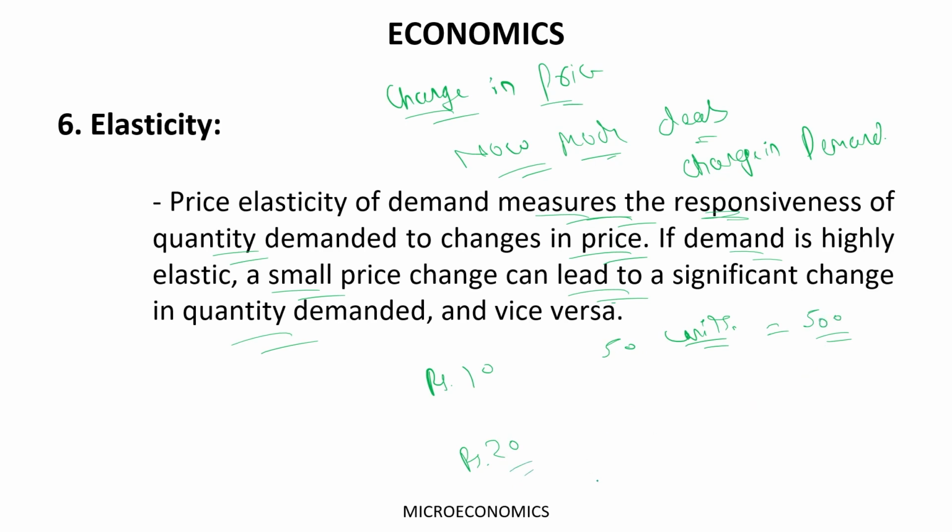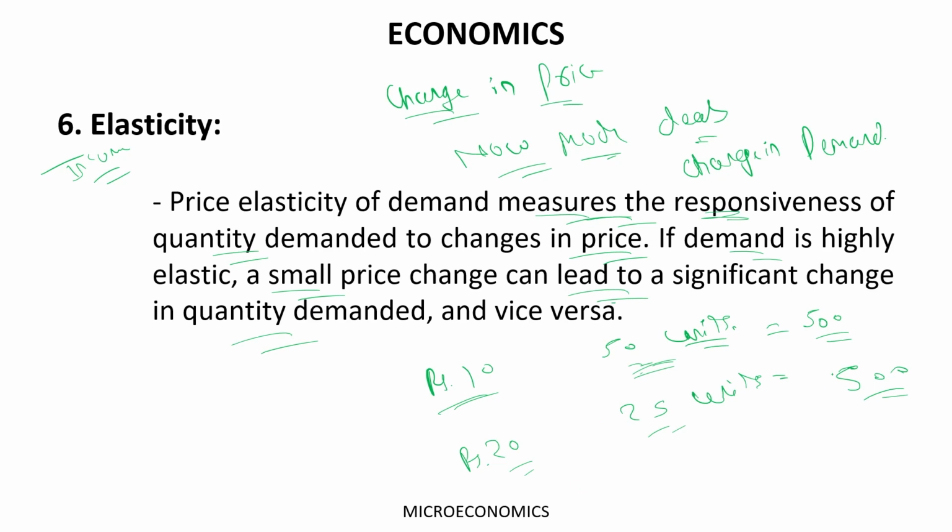But now rupees 20 is the price, so only 25 units I could buy, so I pay the same amount. Only the price is rising, but my purchasing capacity is not rising. So I cannot afford to buy the same quantity I was buying previously. When the price was 10, I was buying 50, but now the price is 20, I cannot buy 50.